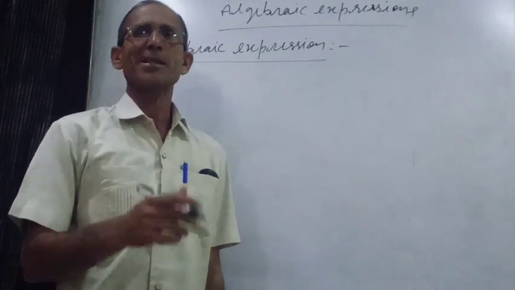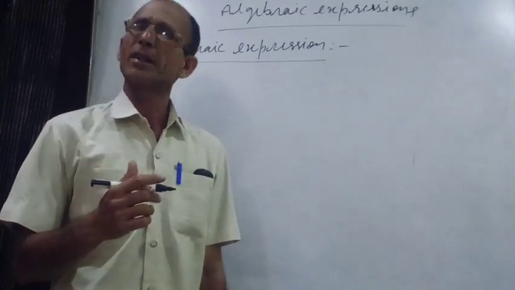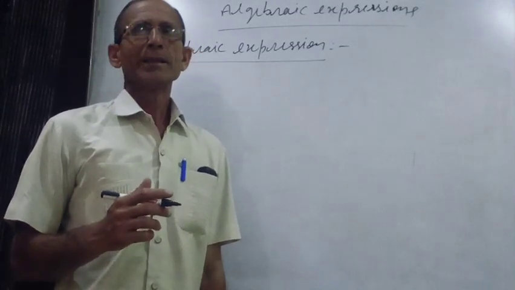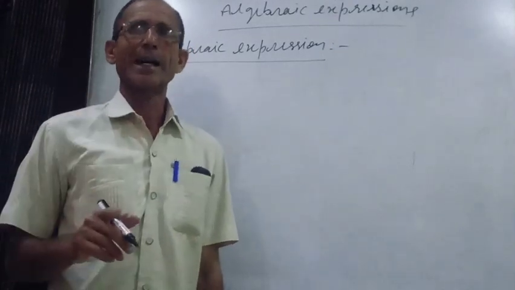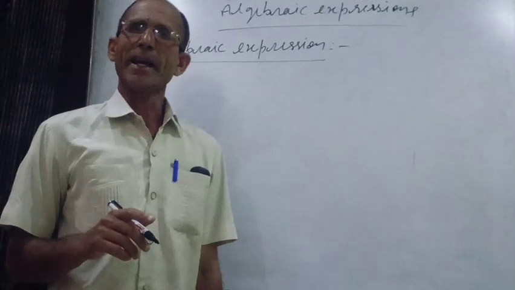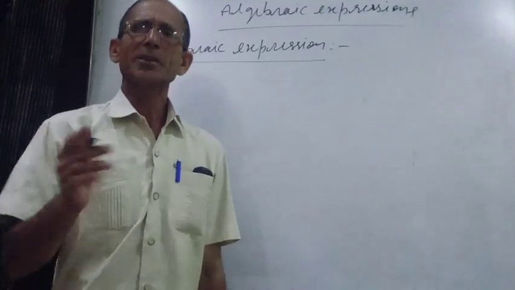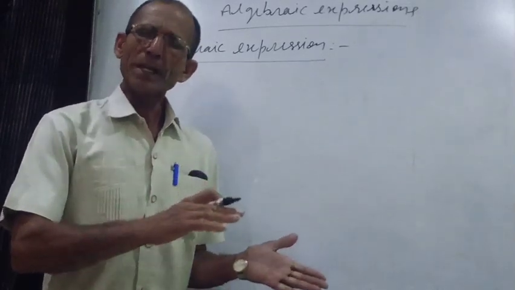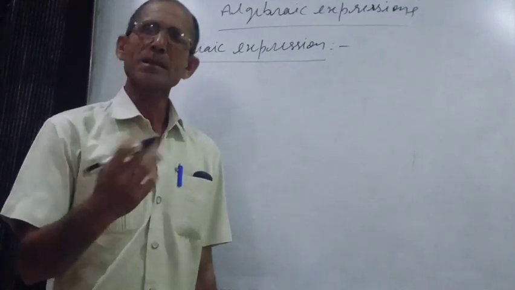Now the question arises, what are variables, what are constants and what are fundamental operations of math? Variables are changeable. All the alphabets are called variables: X, Y, Z, P, Q, L, A, C, D. Constant remains unchanged. 5 is 5.